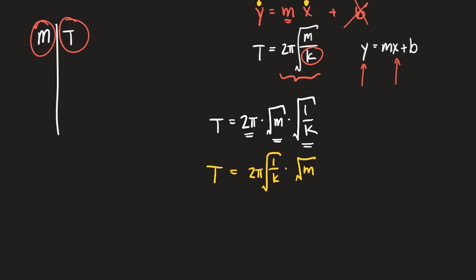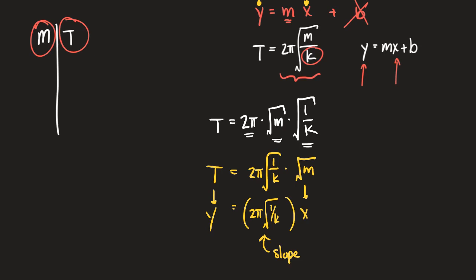Now by changing the order, I have something here that can be plotted on the y-axis, something here that can be plotted on the x-axis, and something here that is supposed to be a constant. So, indicate below which quantities could be graphed to determine the spring constant k of the spring by using a best fit line.